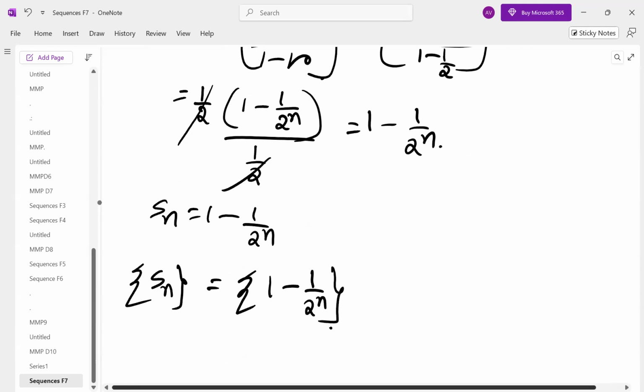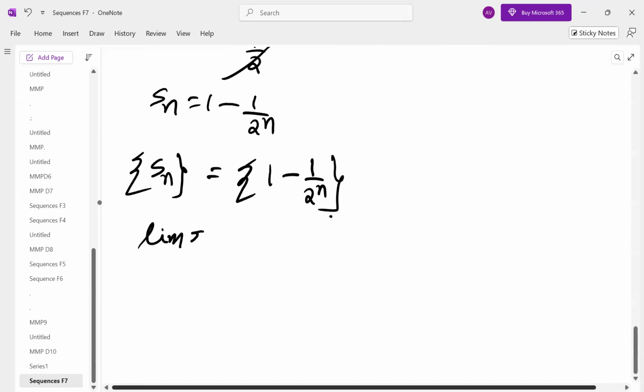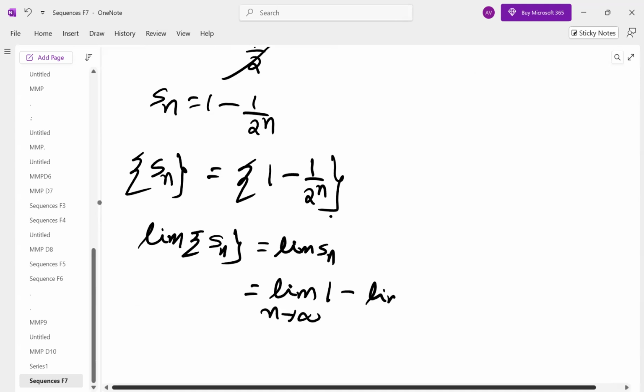How to know whether this is convergent or not? To know whether the sequence formed by this is convergent, we have to find the limit of Sn. How to find the limit of the sequence? It is the limit of the nth term. That is, limit n tending to infinity 1 minus limit n tending to infinity 1 by 2 power n.